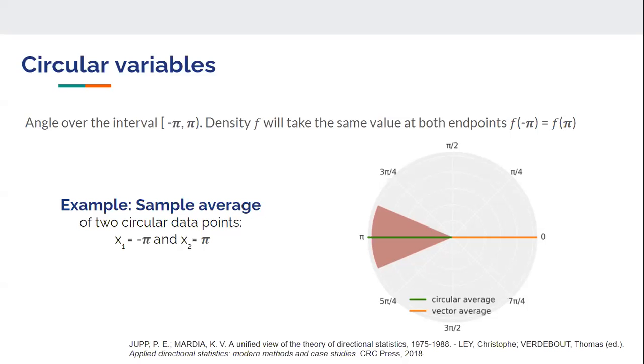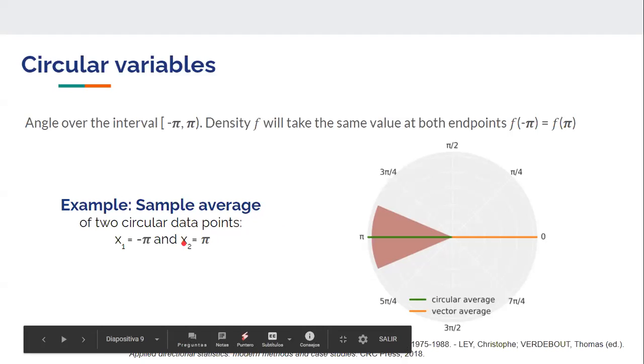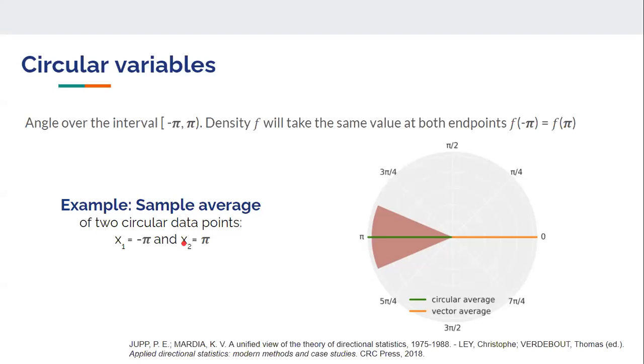For example, if we compute the sample average of two circular data points, for example, minus pi and pi, represented here on this circular plot, we can see that the vector average, that maybe is the most intuitive thing to do, is completely outside of the sample. The correct way to do it is computing the circular average.